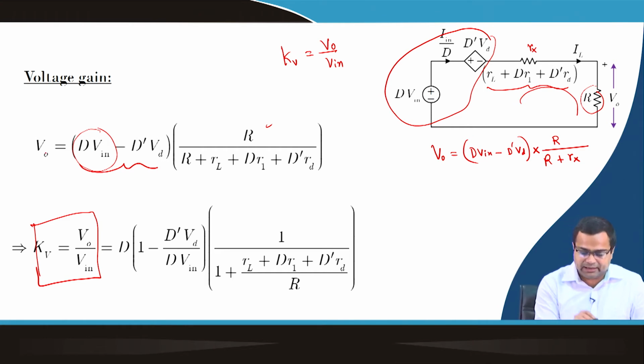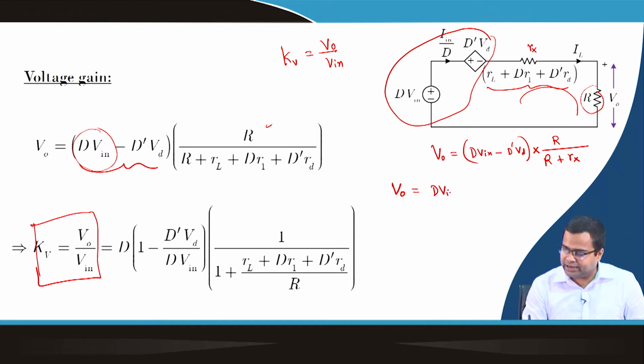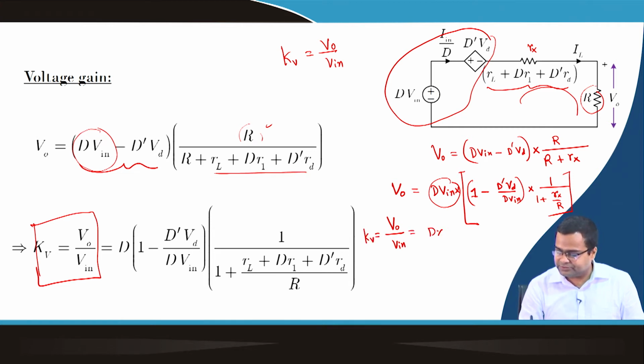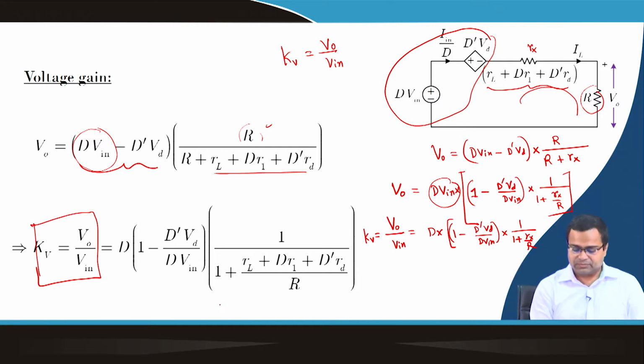So V0 equals D into V in multiplied by 1 minus D dash Vd by dV in, this term, into, now if I divide R below, it will be 1 plus Rx by R. So that means 1 divided by 1 plus Rx by R. And V0 by V in, which is my kV, is equal to D times 1 minus D dash Vd by dV in, this whole thing, times 1 by 1 plus Rx by R.